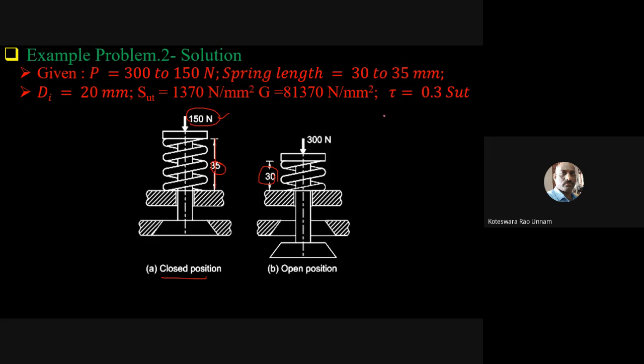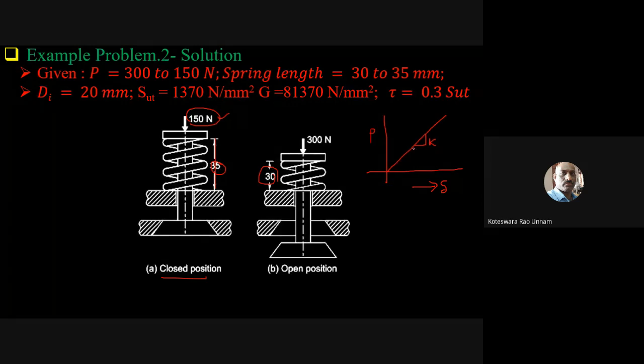While discussing the properties of the spring, we said that if I plot a curve between load and deflection, we get a straight line. This is what we call a linear spring, and the slope of this line we call the stiffness.